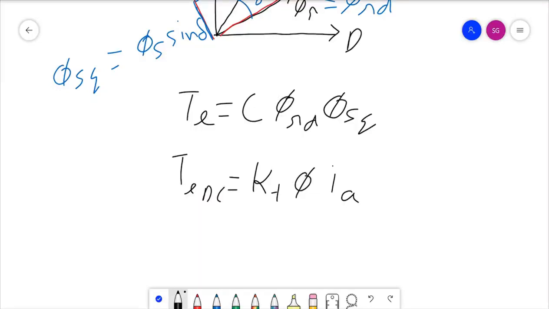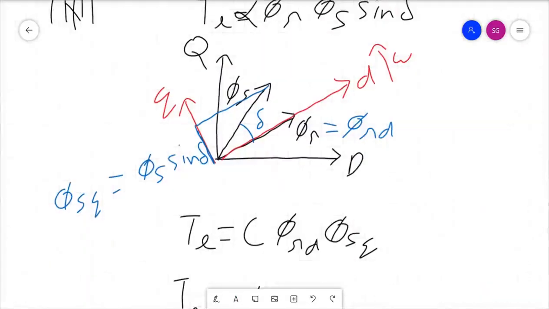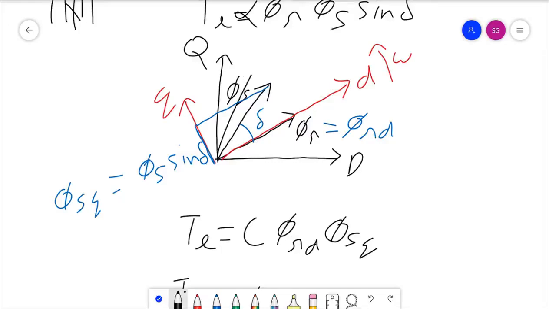So we can draw here the IS current. Let us draw with a different ink. So this is your IS, which is generating this phi S and phi R both.